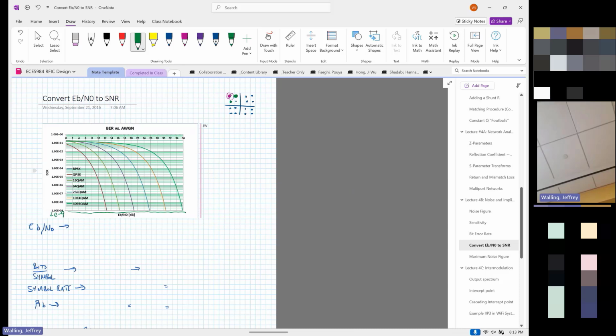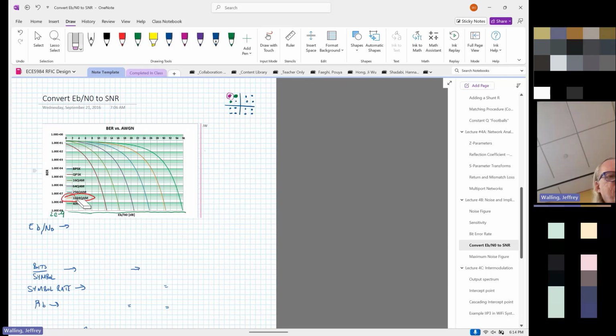Do any of you know what the maximum constellation is? Not for Wi-Fi 6, close though. 1024 QAM, or they call it 1K QAM, 10 bits per symbol in the constellation. So that is this one right here.